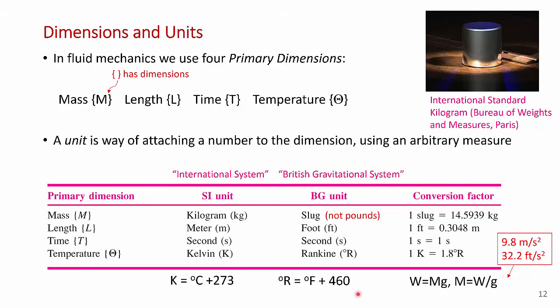So what I want to say is that if you're given a weight of something on Earth in pounds, and you want to find out what its mass is in slugs, since weight equals mg, you want to divide by g. So you would take the weight in pounds and divide by 32.2 or 32.17 foot per second squared to get the mass in slugs.